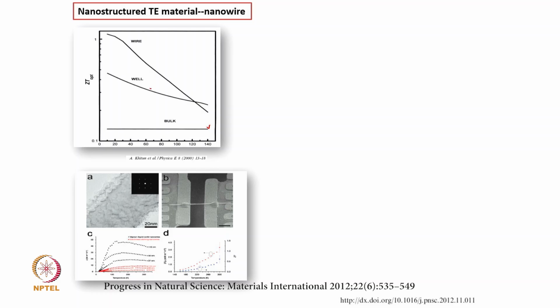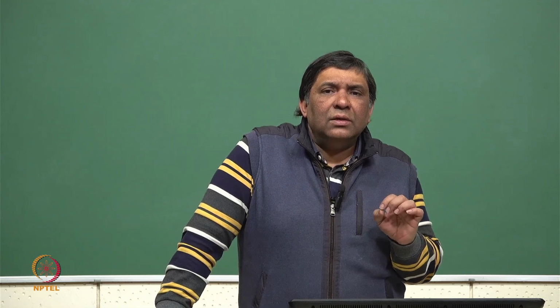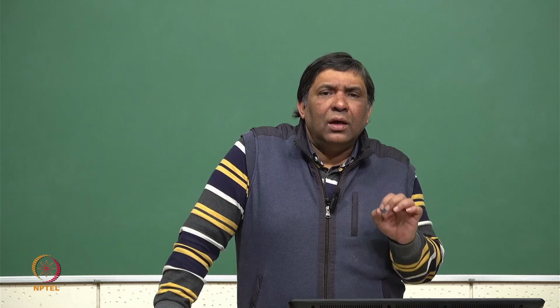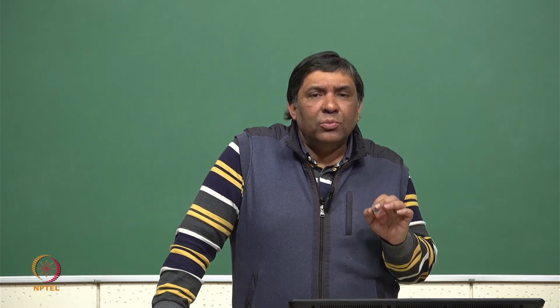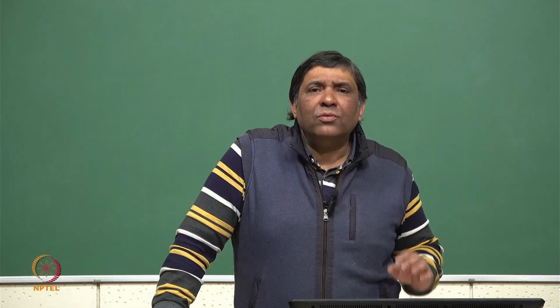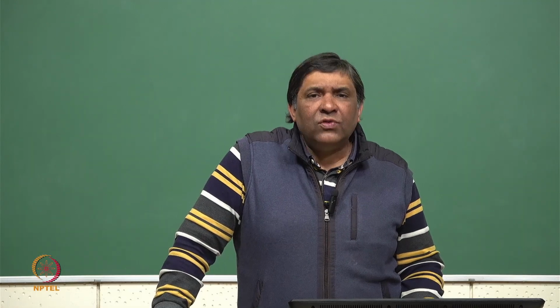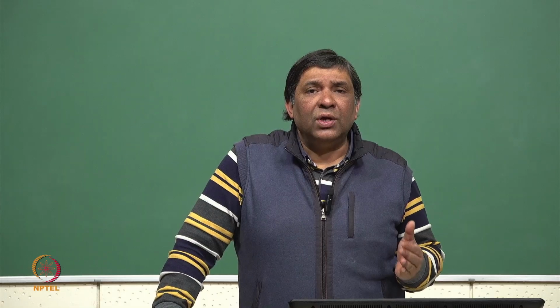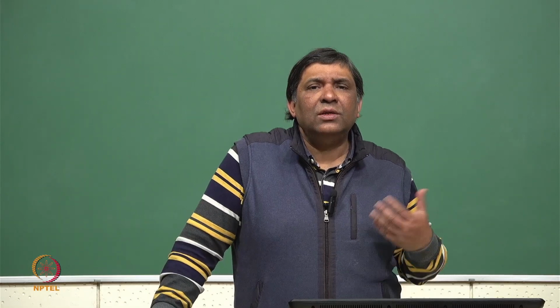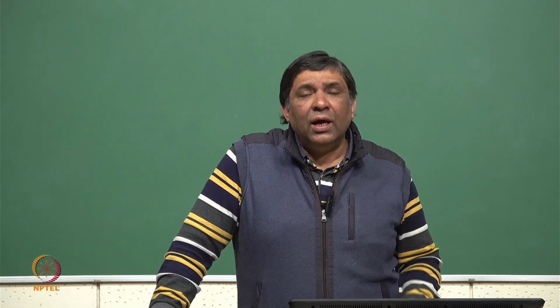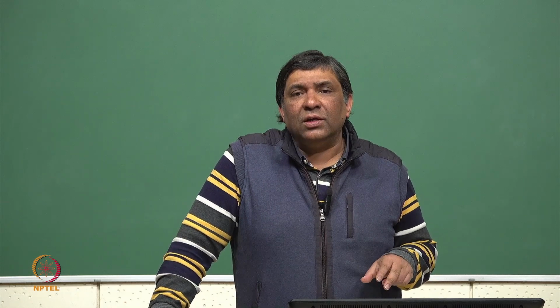This is the figure of merit if we consider a 2D well, and this is the figure of merit, quite enhanced, when we consider a nanowire. So if we reduce the dimension further, we have a higher confinement probability, and higher confinement leads to higher ZT because of the enhanced density of states, which we have already discussed, and also the probability of phonon scattering.